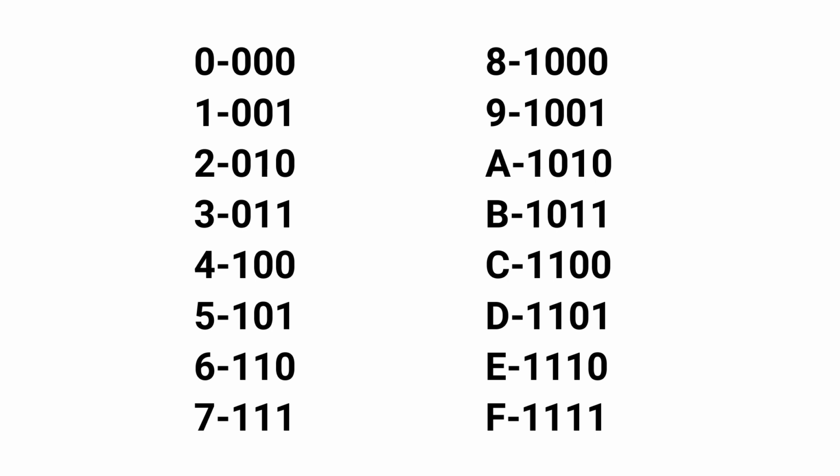You must know that the numbers from 10 to 15 are represented by A to F. The binary of A is 1010, the binary of B is 1011, the binary of C is 1100, the binary of D is 1101, the binary of E is 1110, the binary of F is 1111.